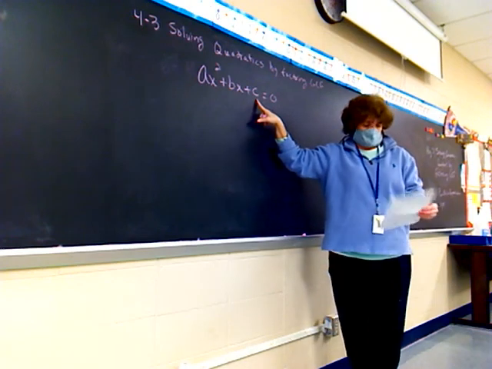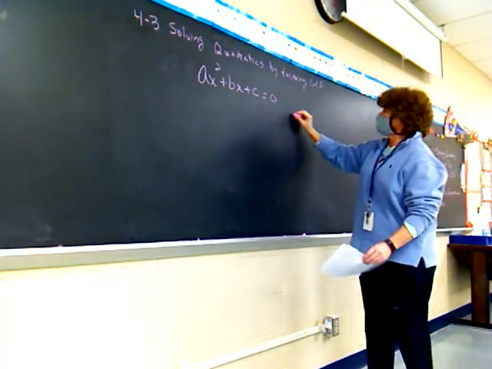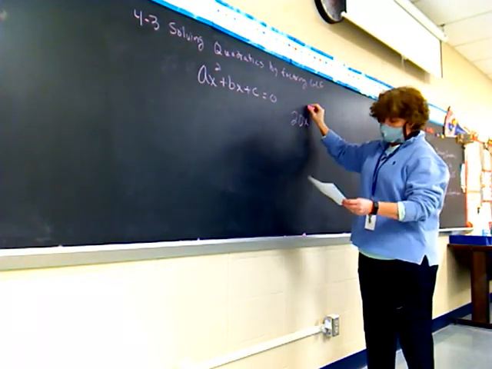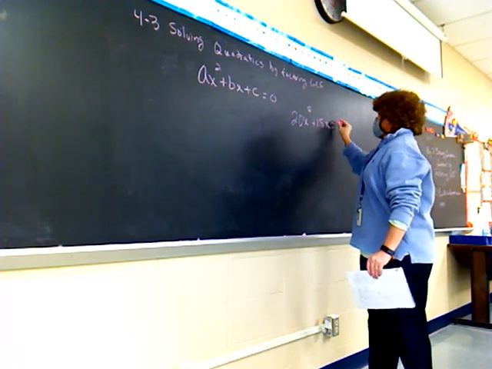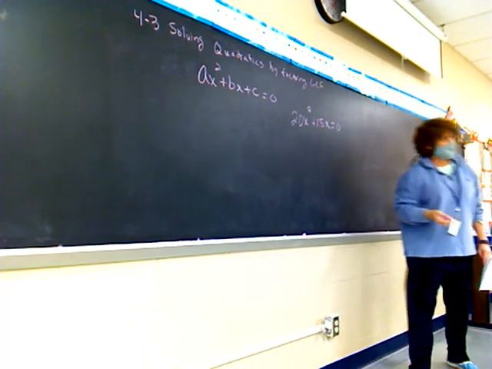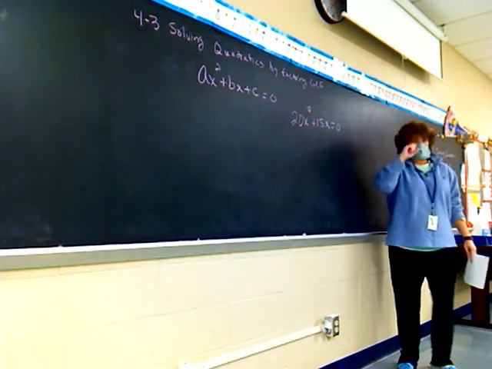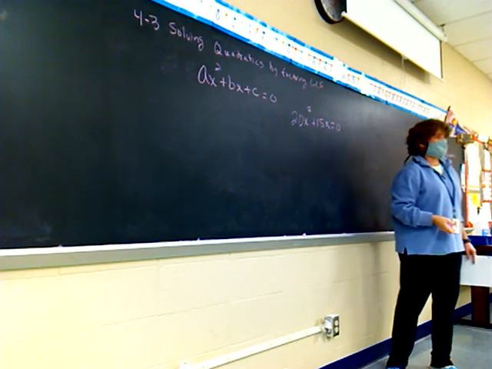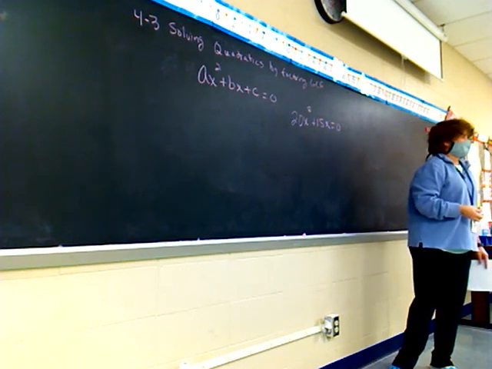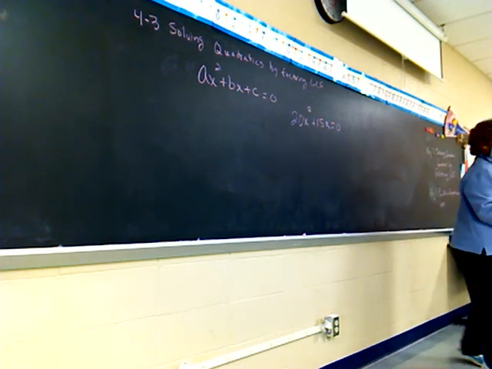So your equation would look like this one: 20x squared plus 15x equals 0. As you see this written out, you notice what's missing here is that C term. So this is where you want to use factoring by greatest common factor.